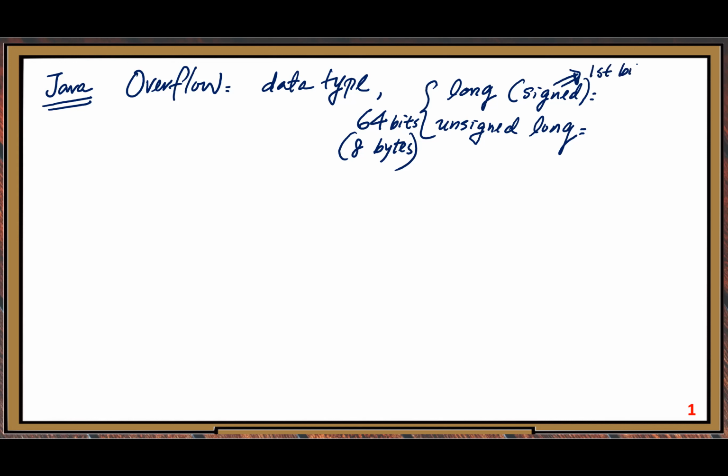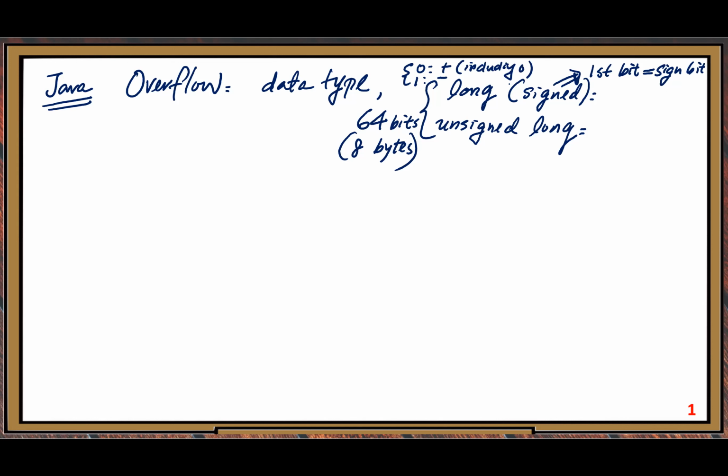The first bit we call the sign bit. For the sign bit, 0 means positive, 1 means negative sign. Positive including 0.